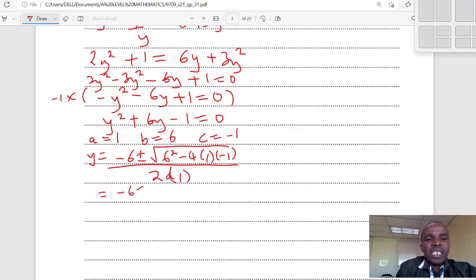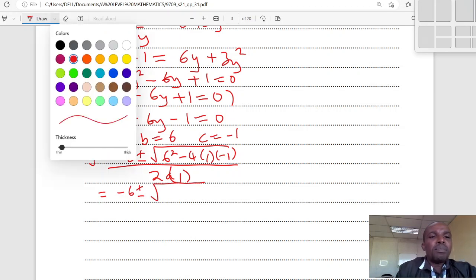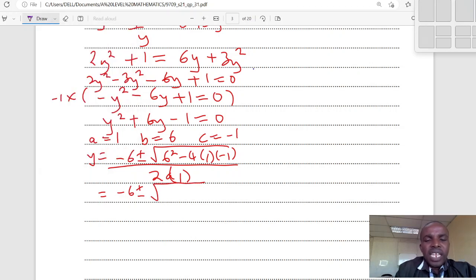Then it will be minus 6 plus or minus the root of, inside the square root, this minus and this minus will make a plus. So it will be 6 squared, which is 36, plus 4, which is 40. So it will be root of 40 over 2 times 1, which is 2.